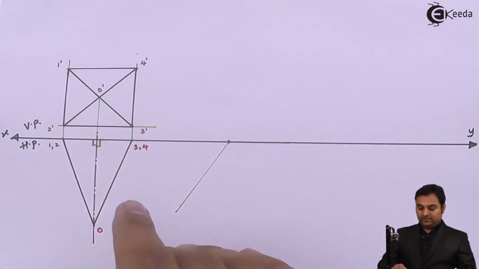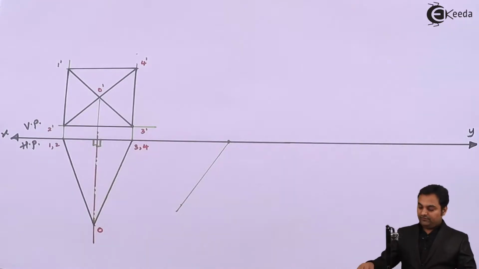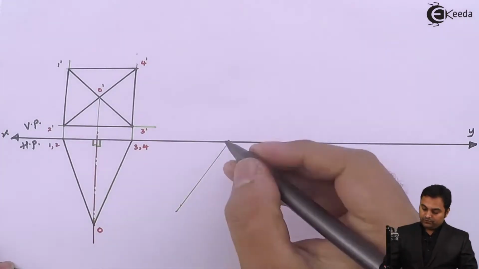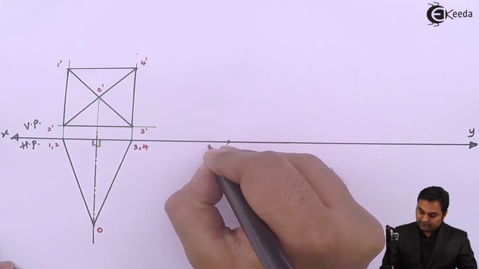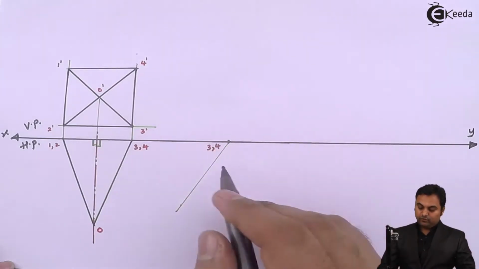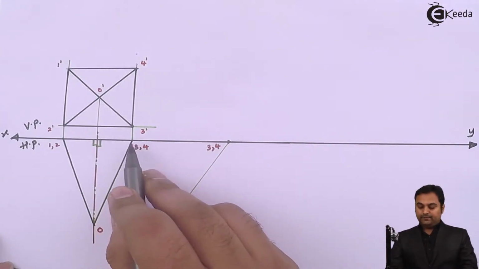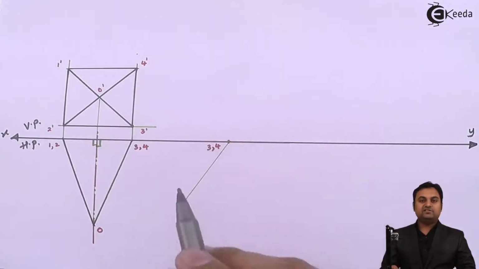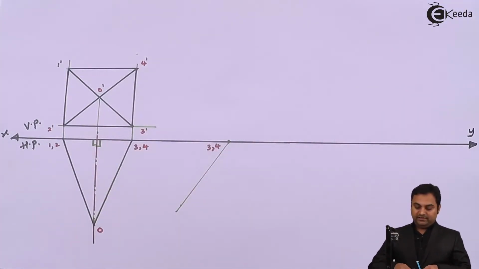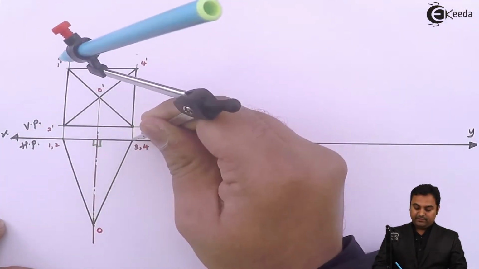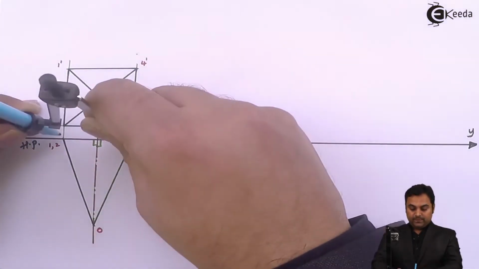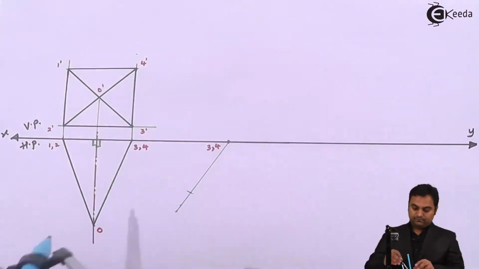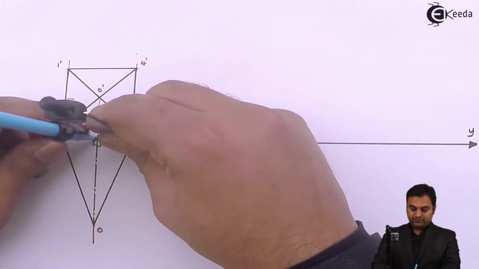In the next case, the pyramid is tilted about points 3 and 4. So the point which I am taking, that is 3 and 4, looks like a point in the top view, but in the front view actually this 3 4 is an edge. So here I take the distance of the base, because I have made the base inclined at 60 degree, taking the distance up to the axis.